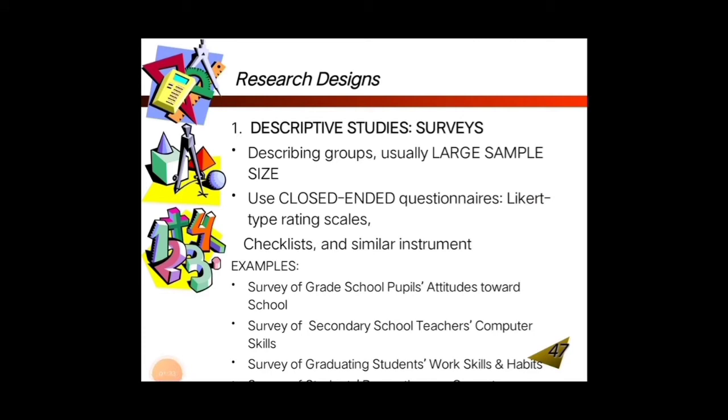Okay, so there is what we call descriptive studies, which is done through surveys. Okay, so in descriptive studies done through surveys, let us say, for example, you have to describe groups, usually a large sample size, and then you are using closed-ended questionnaires with a selection of Likert type rating scales, and then checklists and similar instruments.